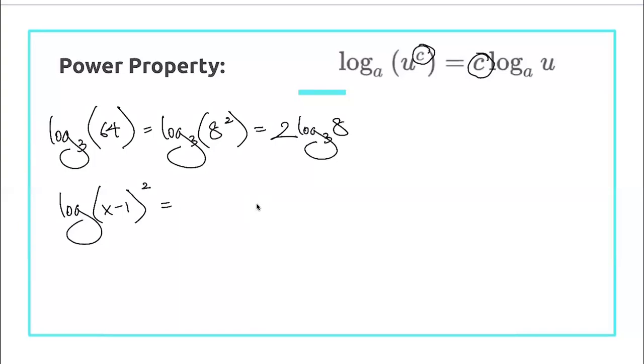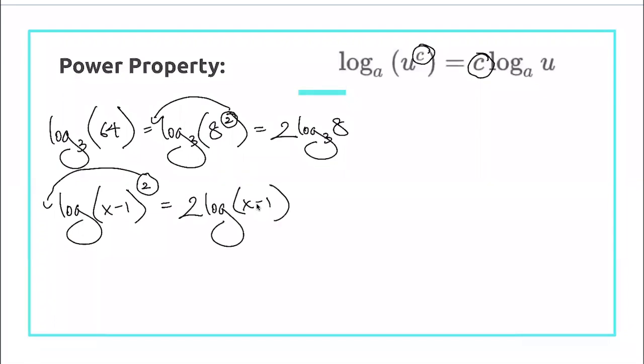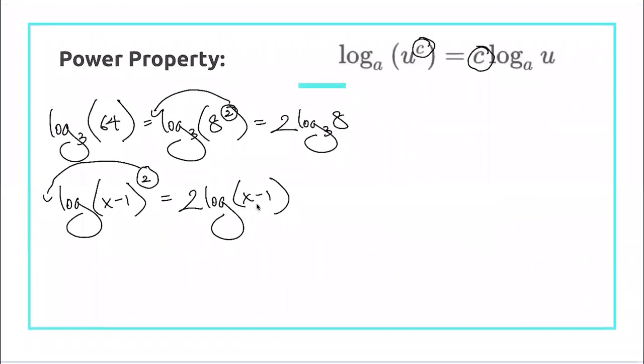So we're going to take this power and we're just going to bring it right down to the front. Just like we took this power and we brought it right down to the front. So another way we could write this is 2 log of x minus 1. Okay. So it doesn't matter if the exponent is on the outside or inside of the parentheses?